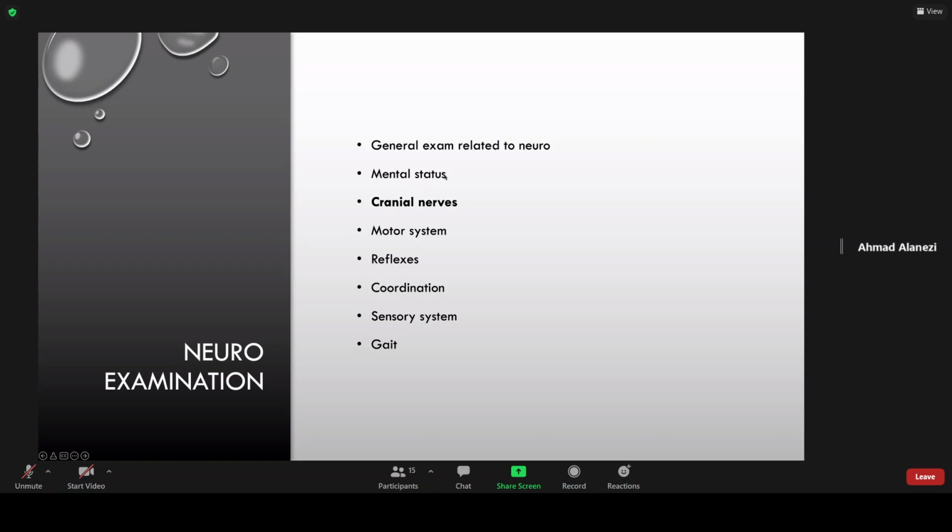It's very important to get a sense about the mental status exam. And then we examine cranial nerves, and then motor system, which entails also reflexes and coordination, and then sensory system and gait. So this is the sequence of examination that you need to carry out in a patient for neuro exam.